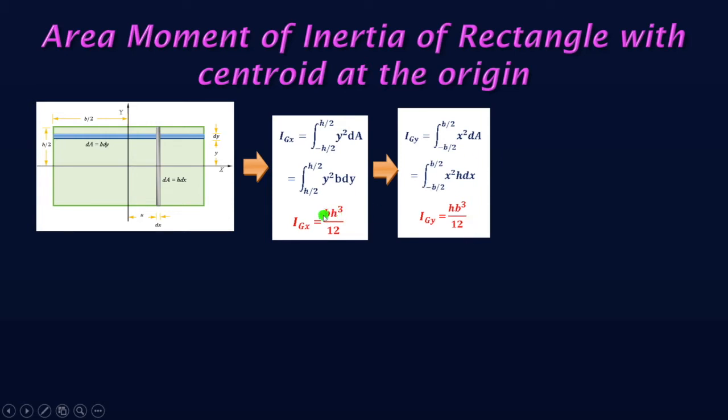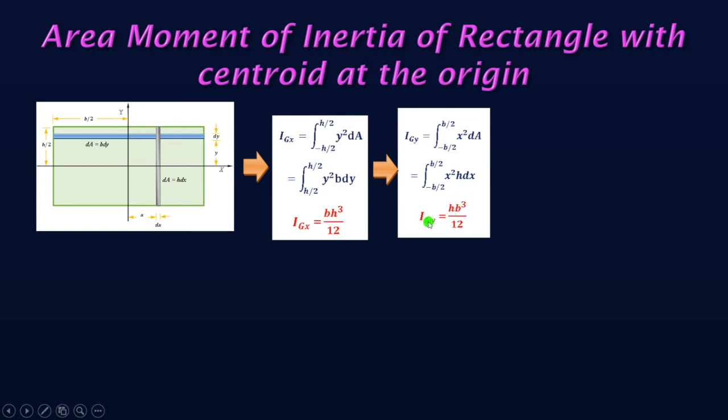Here a point should be noted. What is b? Here b is the dimension. In general, to remember these formulas, it is bh cube by 12. So irrespective of Ix or Iy, remember b is the distance parallel to the axis, and h is the distance perpendicular to the axis. This is true for both equations. b is the dimension parallel to the axis.